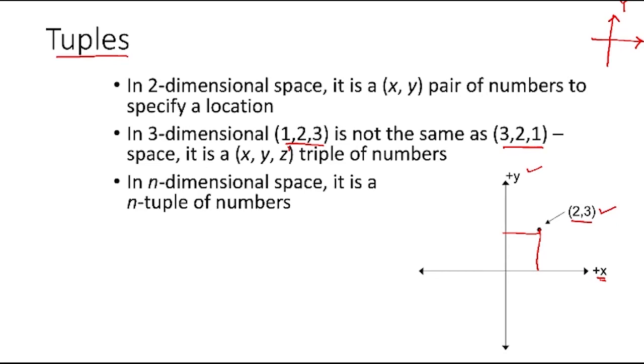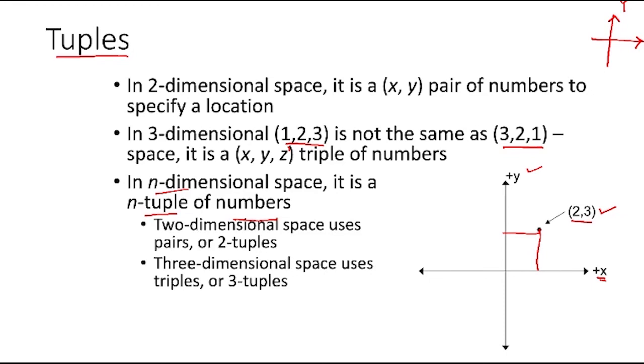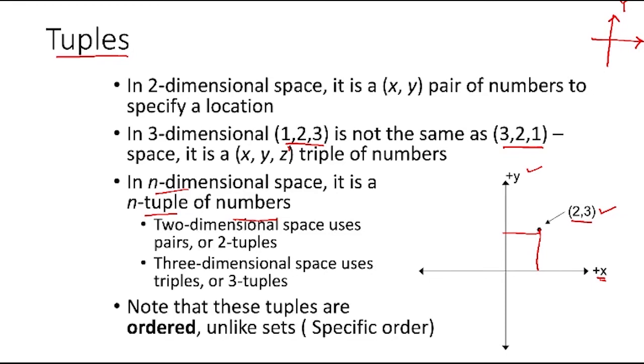So in 2-dimensional space or in n-dimensional space, that's called n-tuples of numbers. 2-dimensional tuplets, 3-dimensional triplets, n-dimensional, this is called n-tuples, right? And this is known as an ordered pair, right?